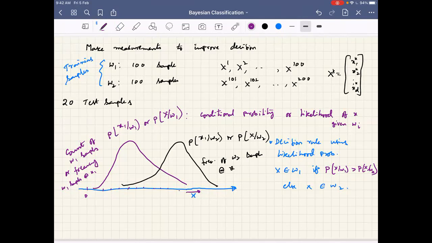What does this mean? This is the likelihood of belonging to the omega 1 class if the current measurement is at X, the likelihood probability of X given omega 1.